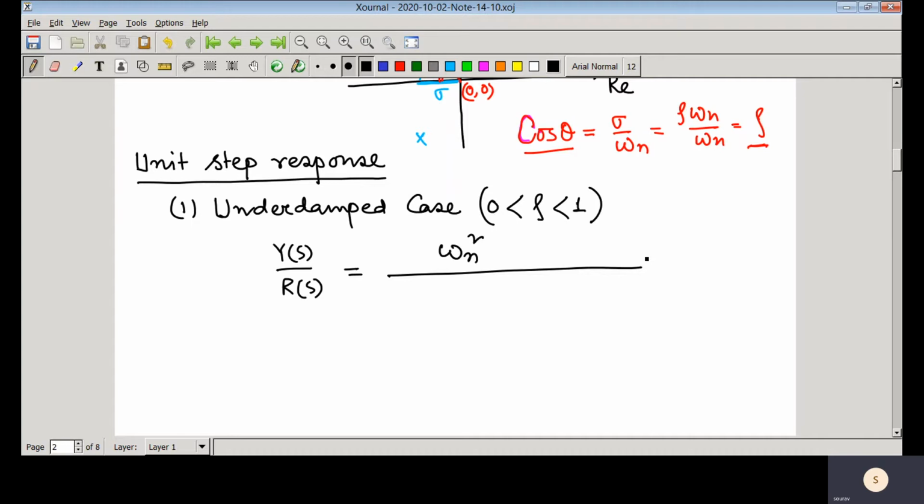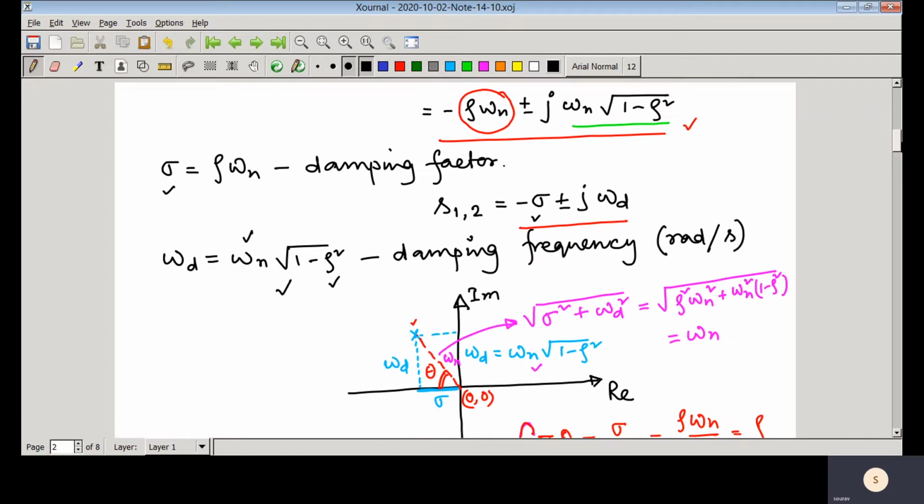I'll be writing the denominator in factor form, and we have seen that it has two poles: s plus zeta omega n plus j omega d, and s plus zeta omega n minus j omega d. That thing we can see from here.